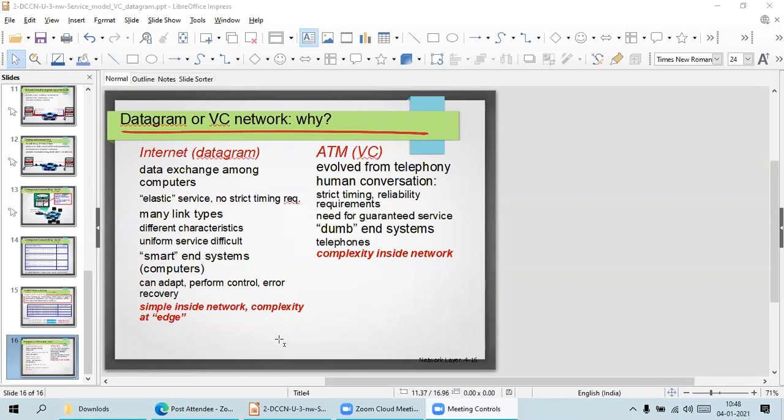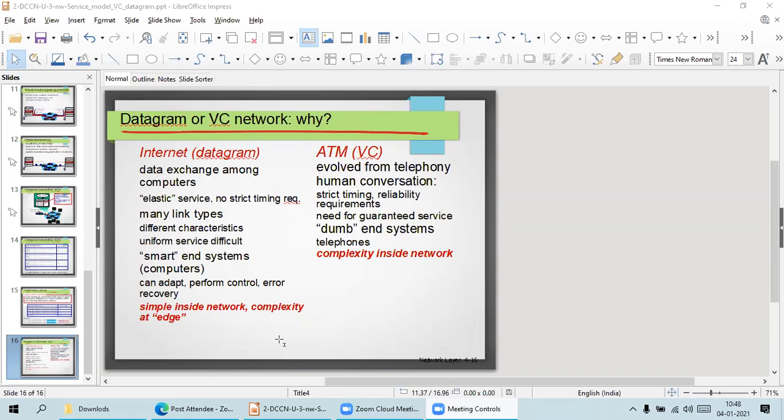If you want to transfer data exchange among computers, either emails or messages, WhatsApp messages, Facebook links, all these things will be exchanged among the computers. In this case, you can choose datagram, or the internet.